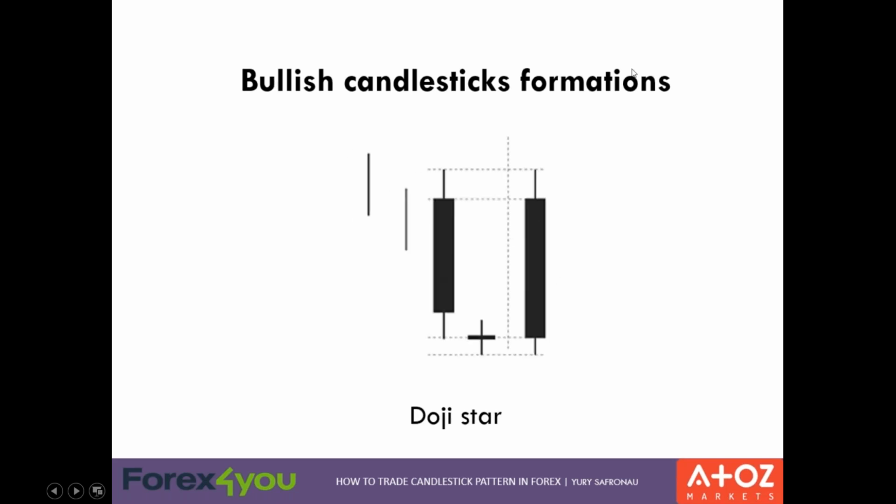The next formation is called the bullish candle Doji star. Bullish Doji star appears in the downward trend and warns that the trend will change. It consists of the black candlestick and the doji with a downward gap at the opening price. There is a gap between the opening price and here.